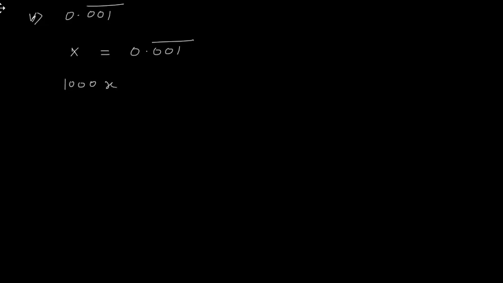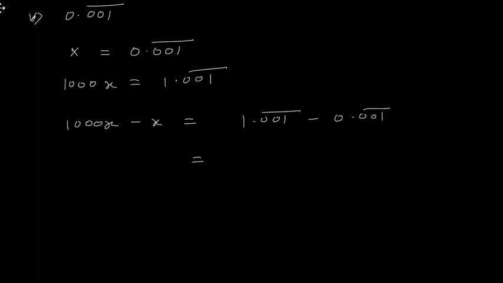So I get 1000x is equals to 1.001 bar. Then I subtract this x here, 1.001 bar minus 0.001 bar. So on right hand side I will get 1, here I will get 999x.